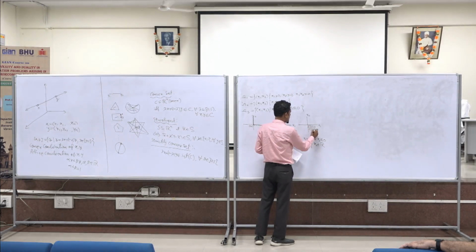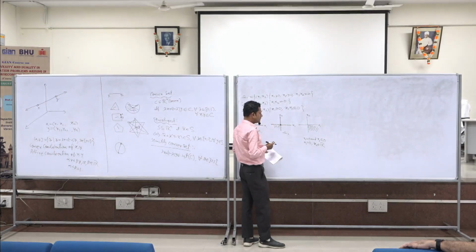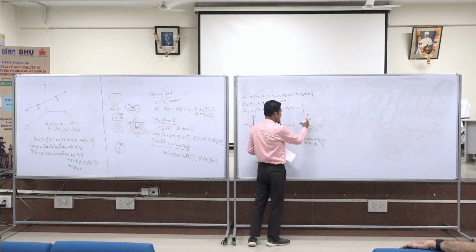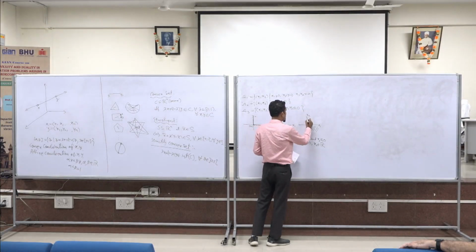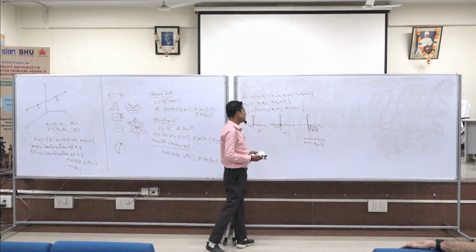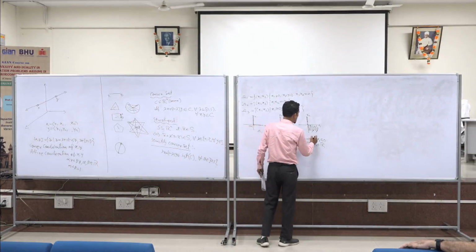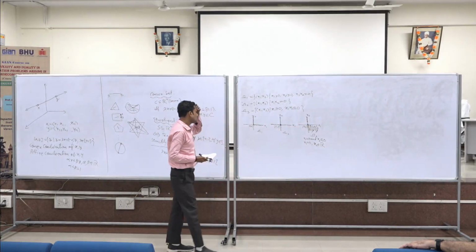So this will be the space for the first one. And what about this? x1 is 0, so x2 can take all values. So this line. So again you can see that this set is also not convex, but at the origin it is star shaped.